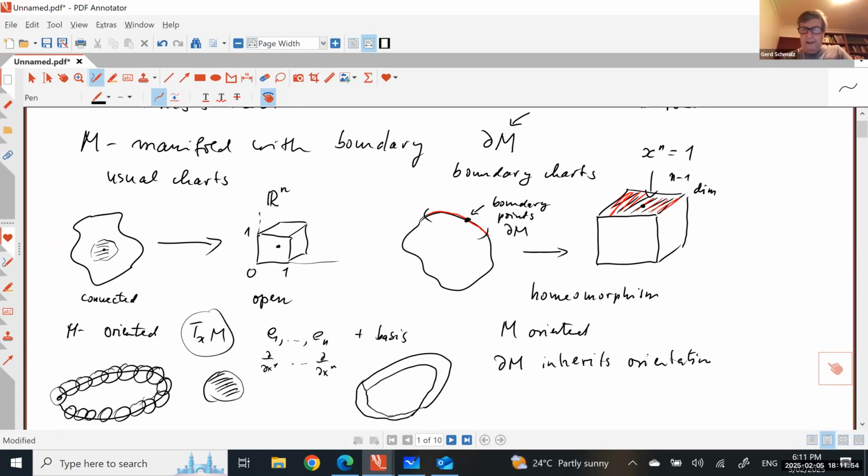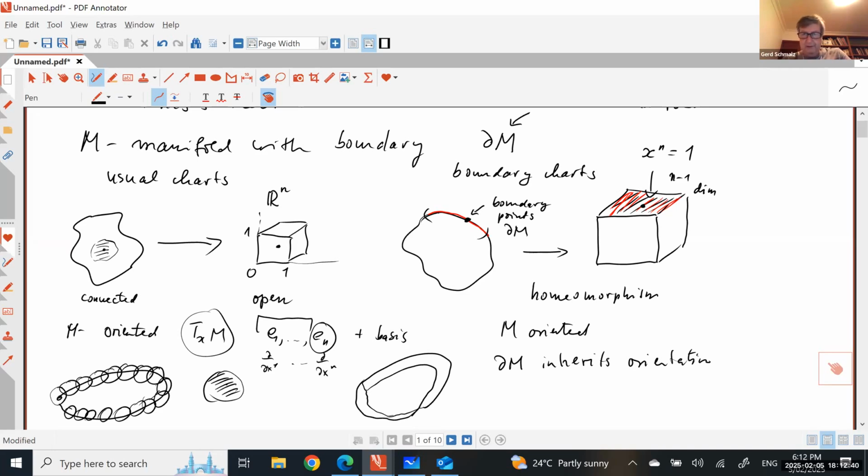So we can always say, if we have here a positive basis where this En, which corresponds to this last coordinate here, is at the last place, then the remaining vectors form a basis on each tangent space on this boundary face of our cube, and we declare this a positive basis.